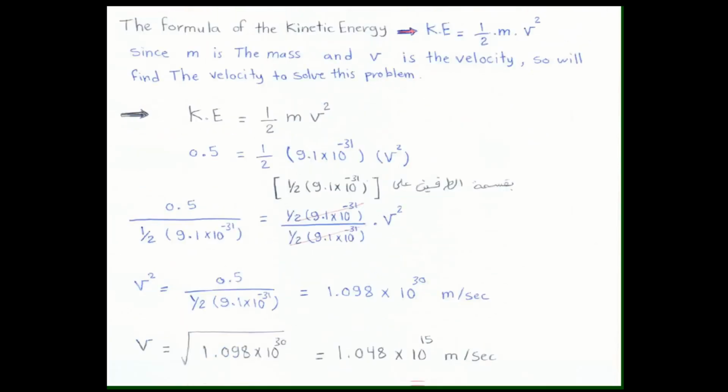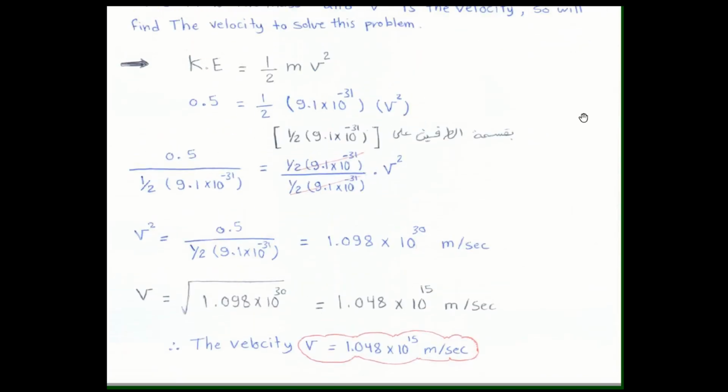So how can we solve this problem? By dividing both sides by half into 9.1 into 10 to the power minus 31, we will get the formula like this.